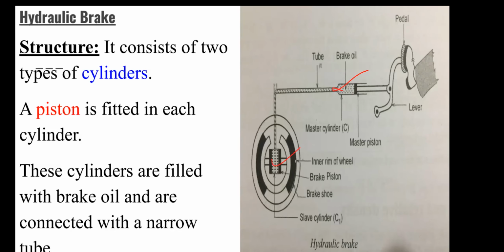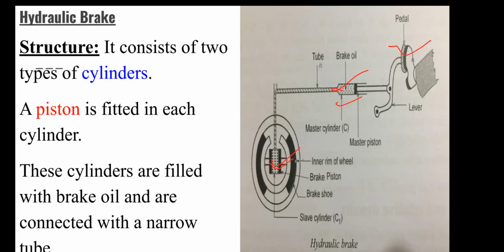S-L-A-V-E, slave. This one is master. This is where the effort is applied, and this cylinder that is connected with the tire is where the force gets multiplied. This is called the slave cylinder.